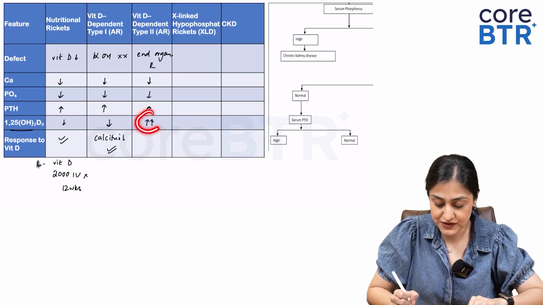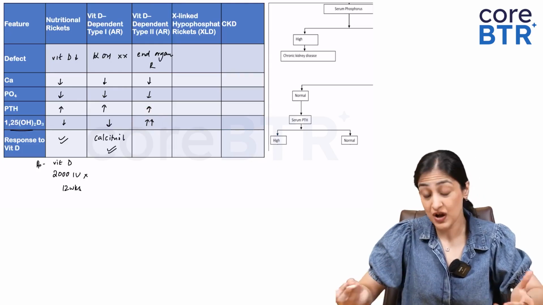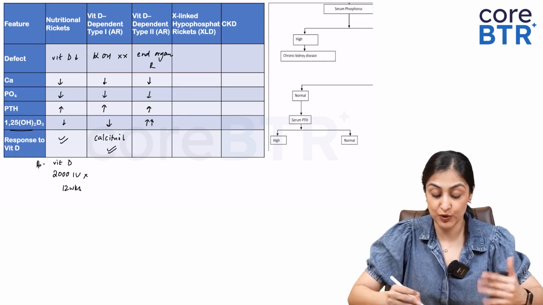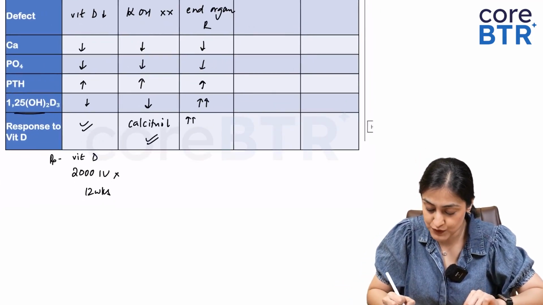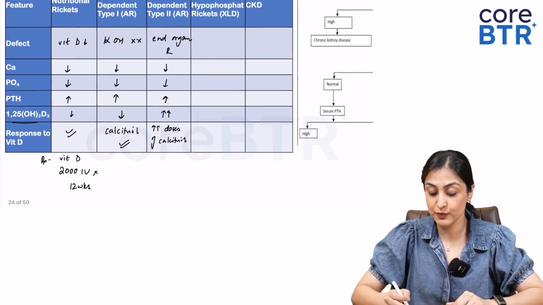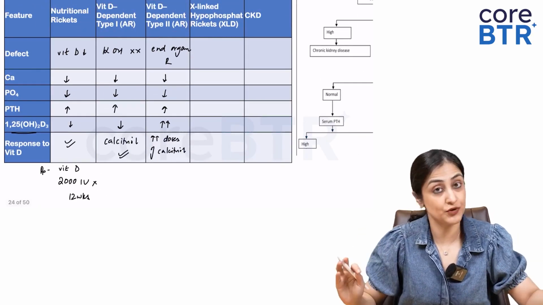Because there is end organ resistance, so the level keeps on increasing. So that's the real difference. Now, how will this respond? So this has a poor prognosis, right? It will not respond. But if I give very supra-normal doses, very high doses of calcitriol, it does respond. Okay, so at very high doses, it shows some response. So that's why these two are called as vitamin D dependent rickets.